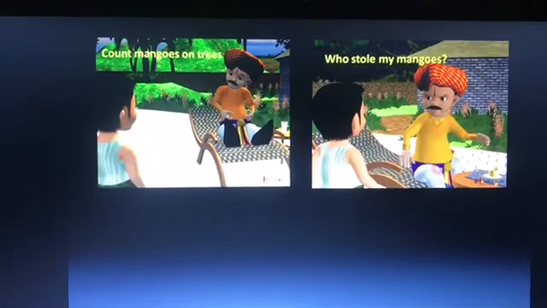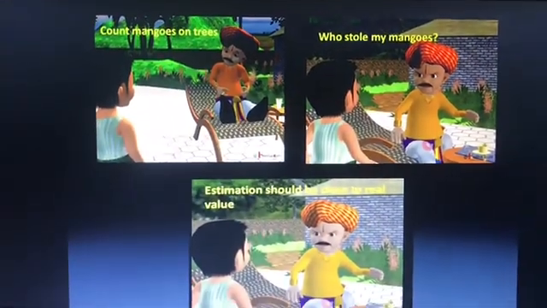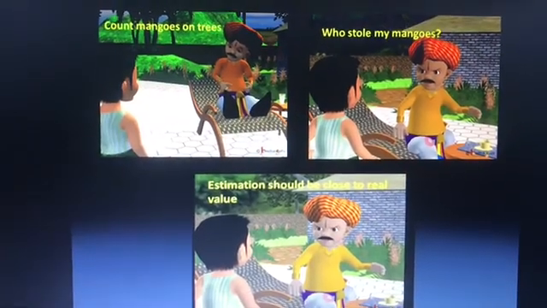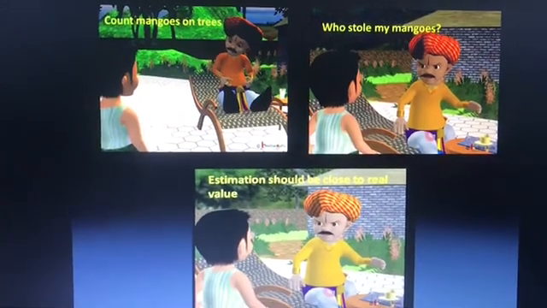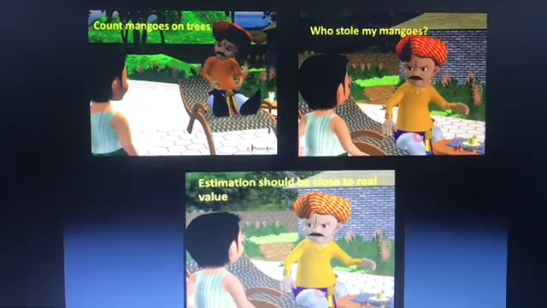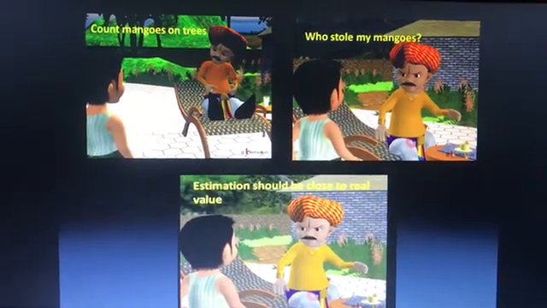So children, the approximation or estimation of a number should be close to the real value so that there may be no confusion afterwards. If the servant would have given a closer estimate to the number of mangoes, then there would be no confusion.